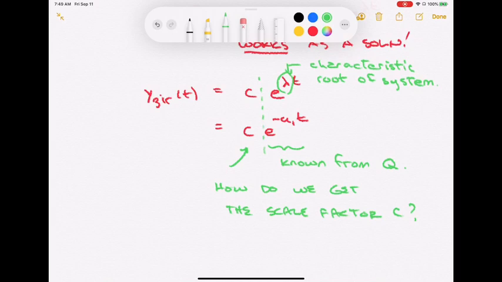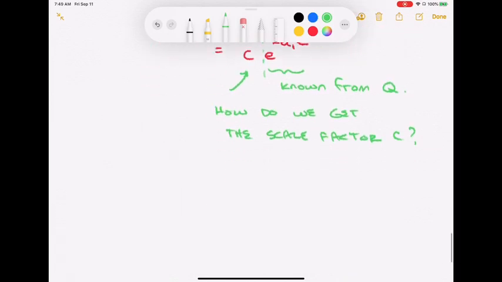But there could be different scale factors here that work, and that should make sense. If I dump twice as much energy into a system, if I put twice as much voltage on the capacitor, or I put twice as much current through an inductor, I would expect that the way the output comes on would double as well. It's a linear system after all, right? So there's something about this c that should be connected to the amount of energy that we stick into the system. And it turns out this is correct.